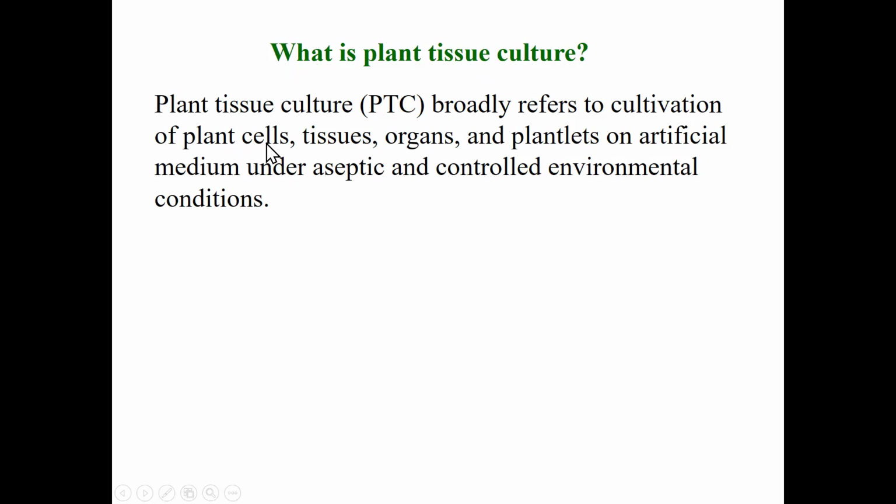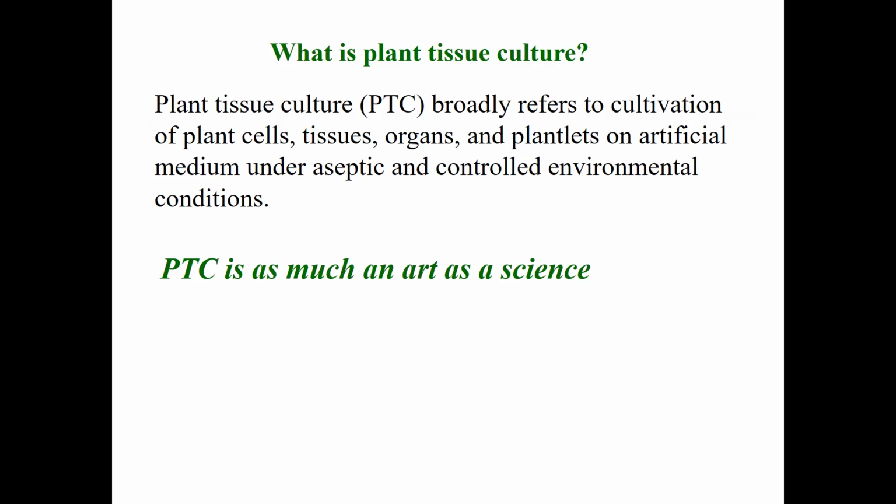We can use any part of the plant, cells, tissues, organs, or even tiny plantlets, and cultivate them in nutrient medium, in aseptic condition free from germs, where there is no chance of contamination, and we can control the temperature, humidity, light, and other factors.